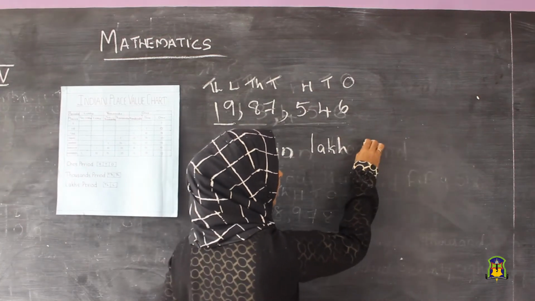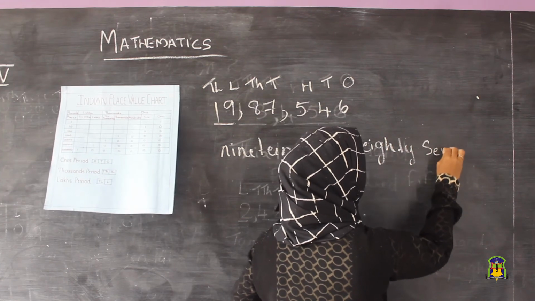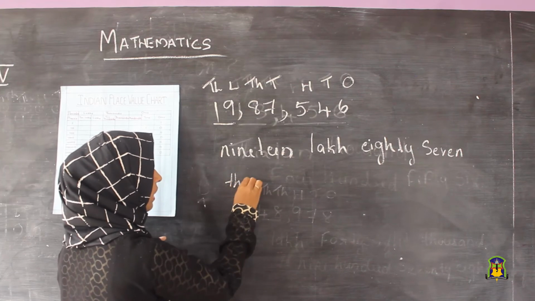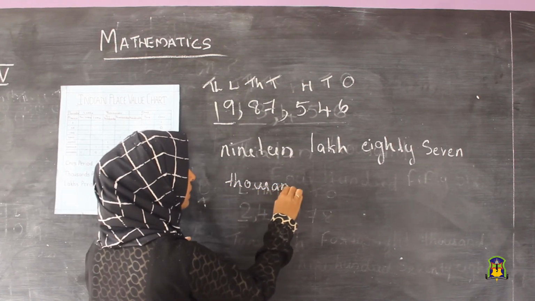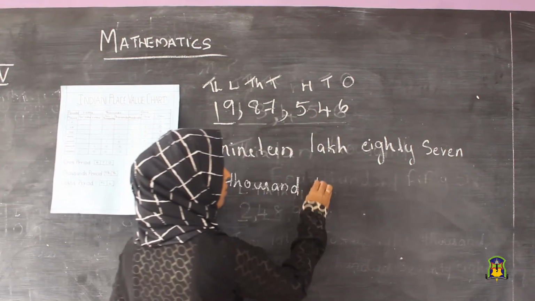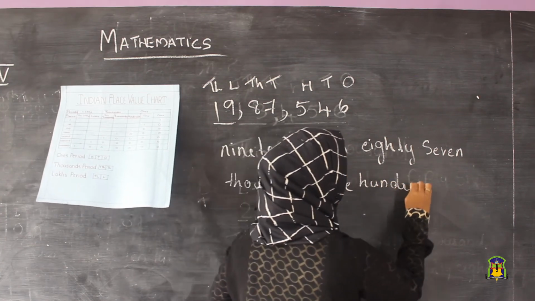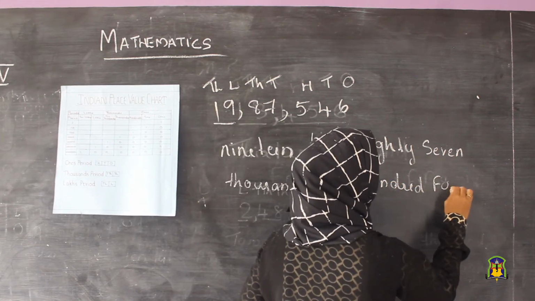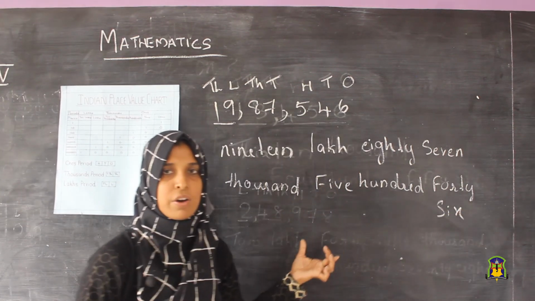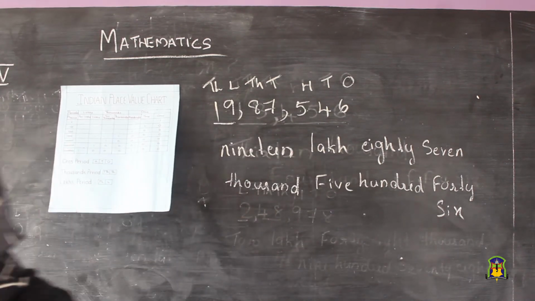So 87,000, and this is 546. So, children, this is how we write the number name of a 7-digit number.